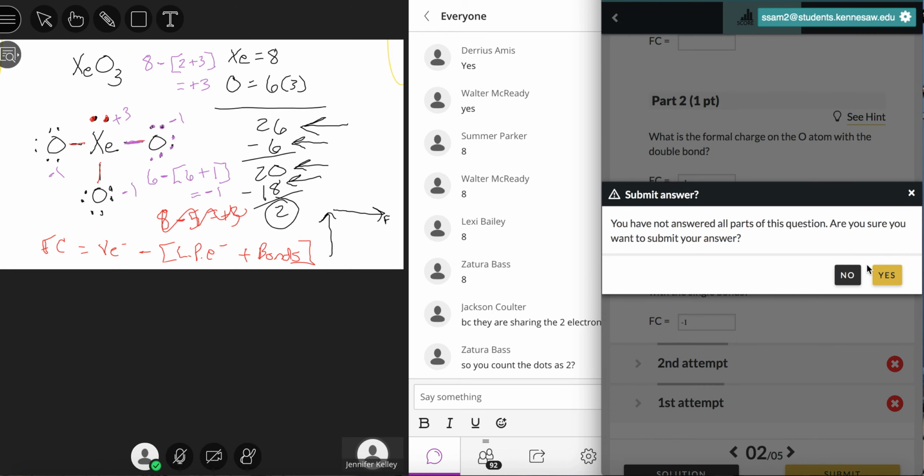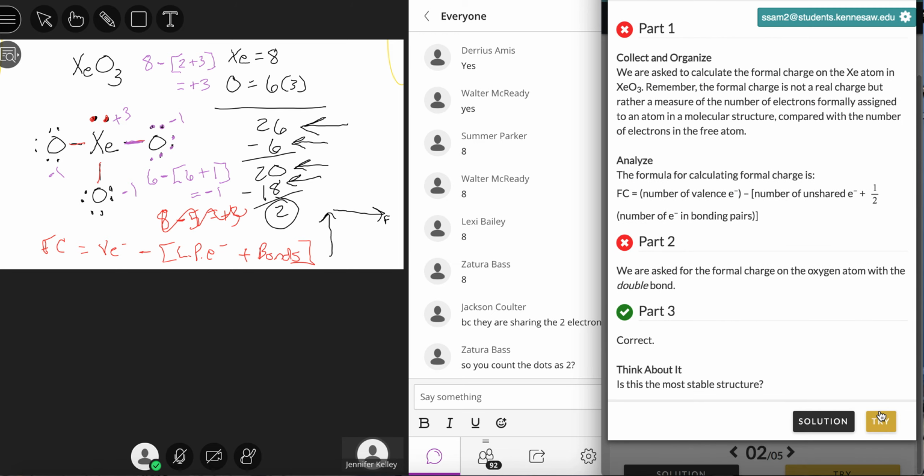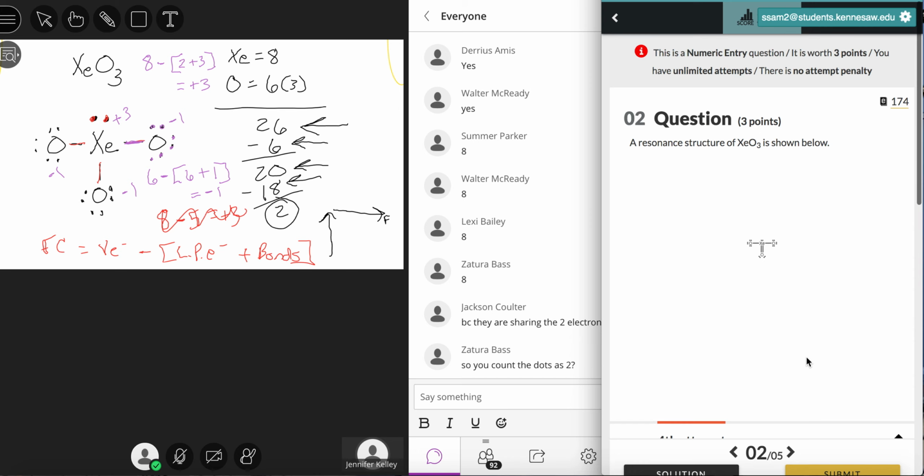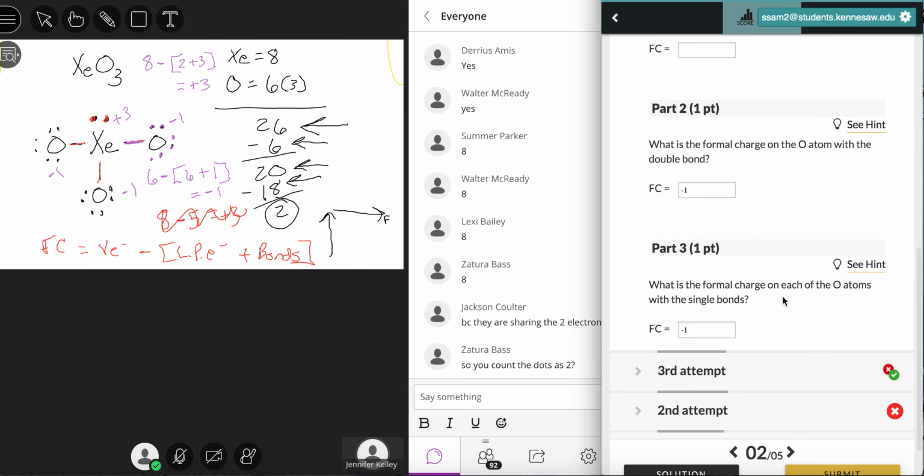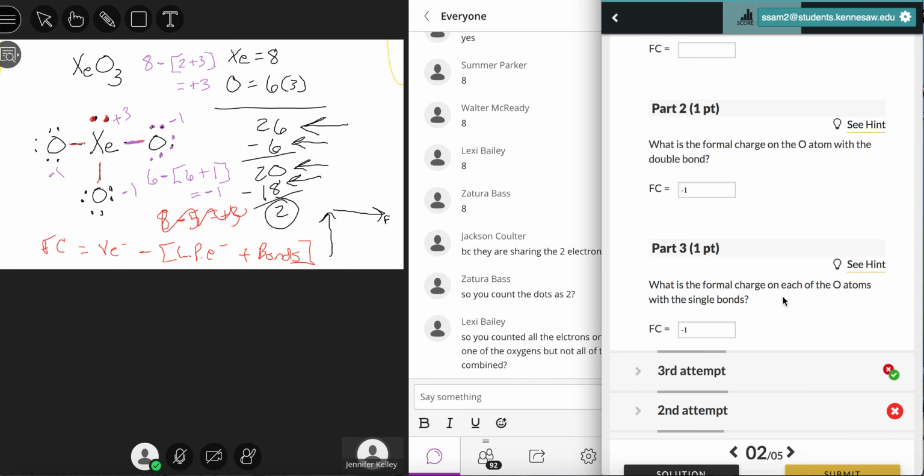Now, there are a couple other things. I mean, we could try a couple other structures probably. Let me look at something real quick to see if we even need to bother with that. We could try it with oxygen in the middle and see how that goes.